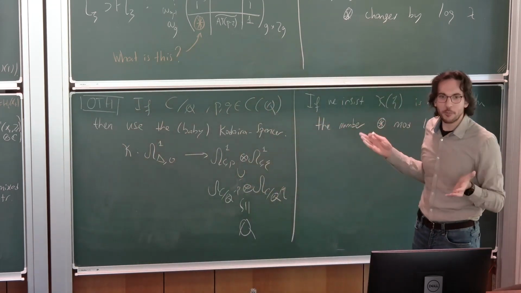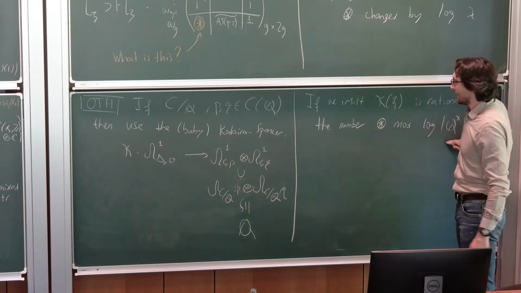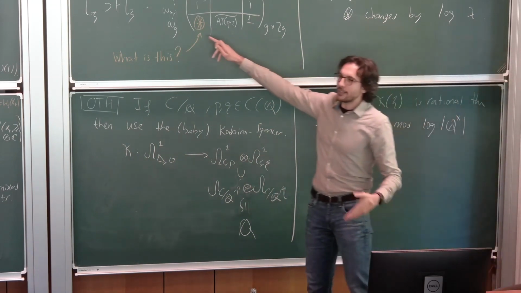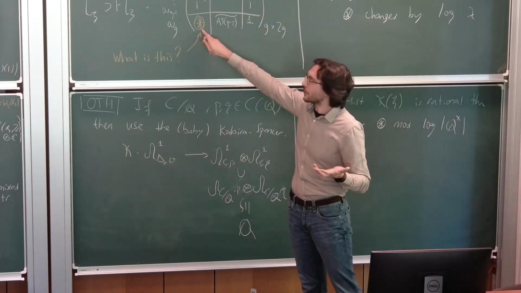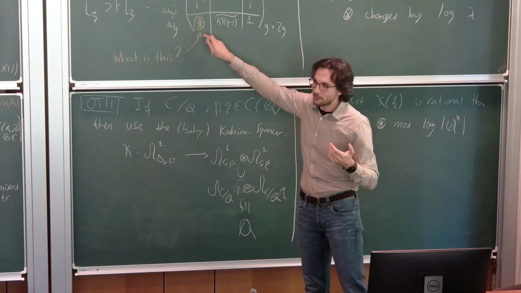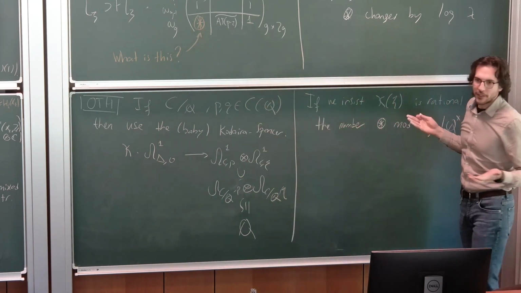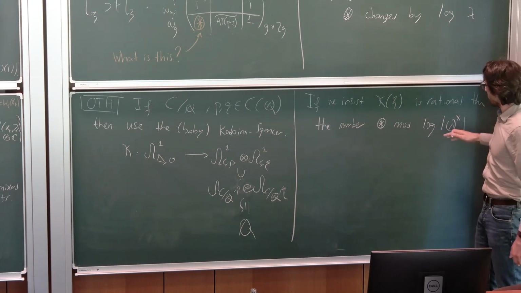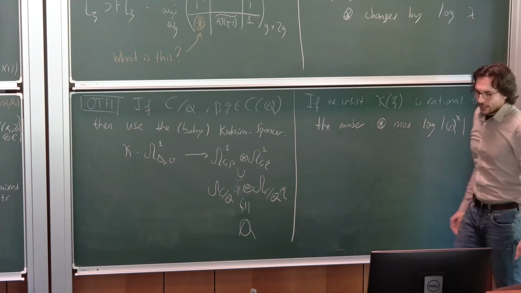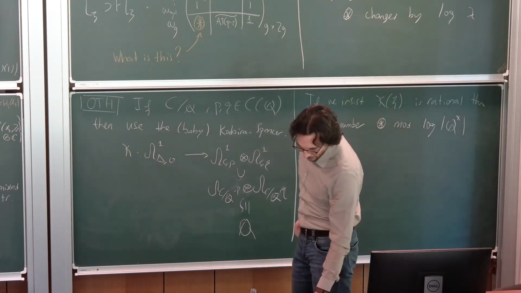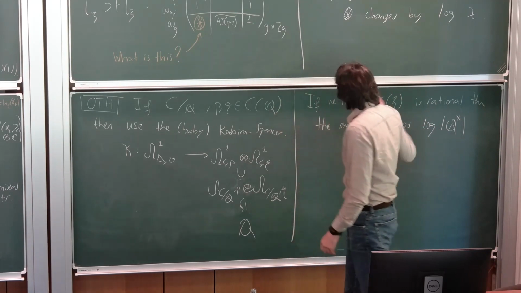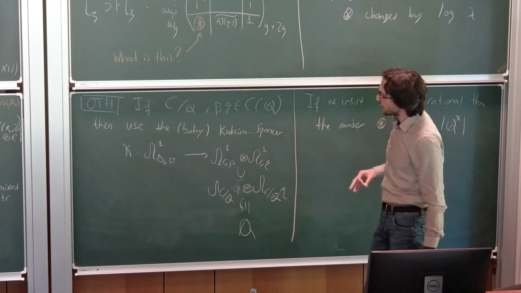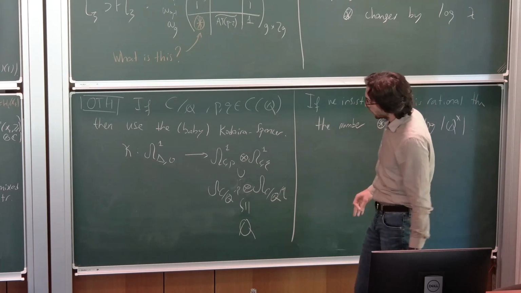I mean, real numbers are uncountable. This is countable. So suddenly, at least theoretically, this carries a huge amount of information. Of course, logarithms of rational numbers are dense, so it maybe doesn't look nice, but already this is something.